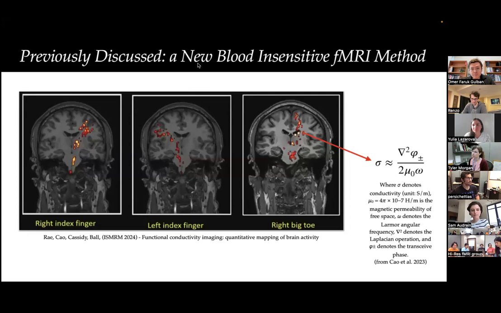And that was basically proposing a new method that is blood insensitive and conductivity sensitive, or somehow conductivity measuring. And basically they were showing some striking results in which they, for instance, here claim that you can see even white matter activity, I mean, whatever that means, for the left and right index finger stimulation.